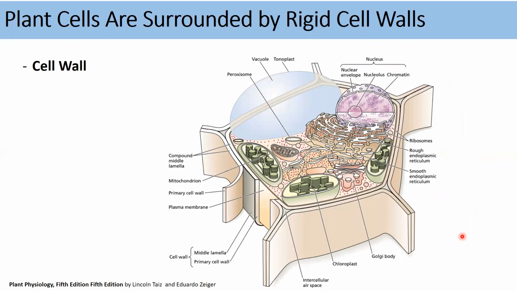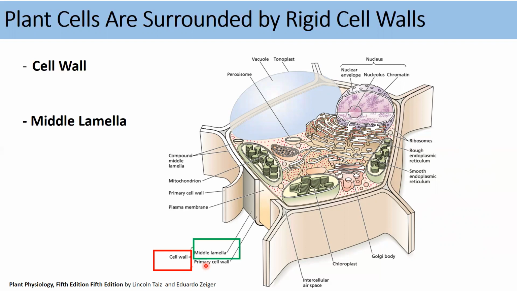A fundamental difference between plants and animals is that each plant cell is surrounded by a rigid cell wall. In animals, embryonic cells can migrate from one location to another, resulting in the development of tissues and organs containing cells that originated in different parts of the organism.